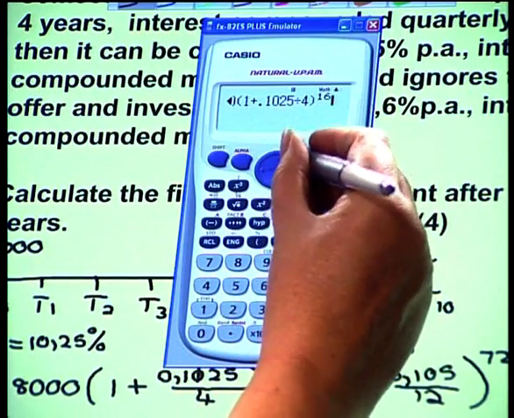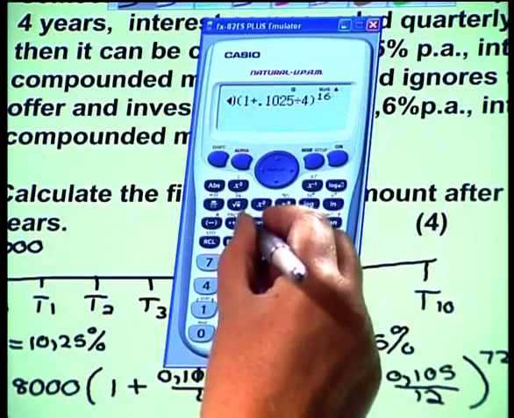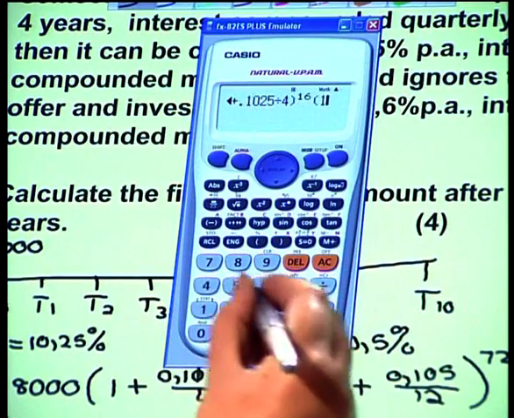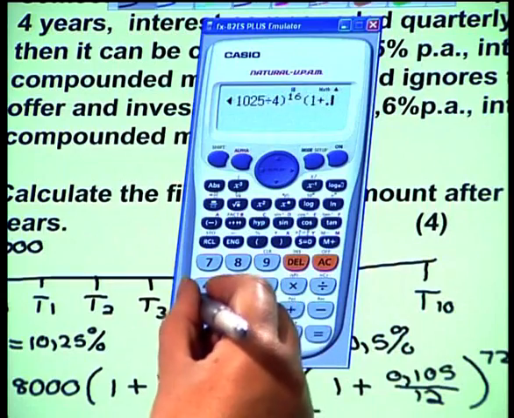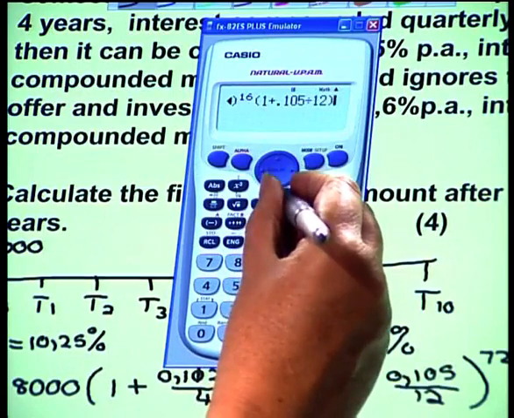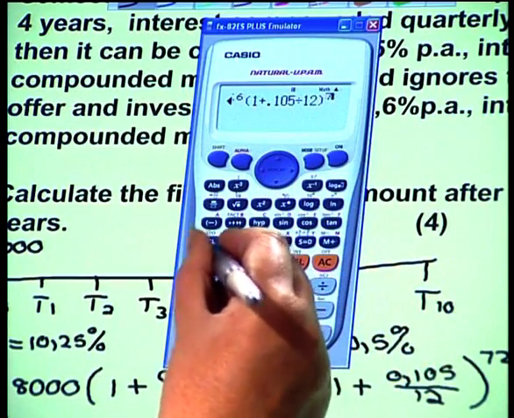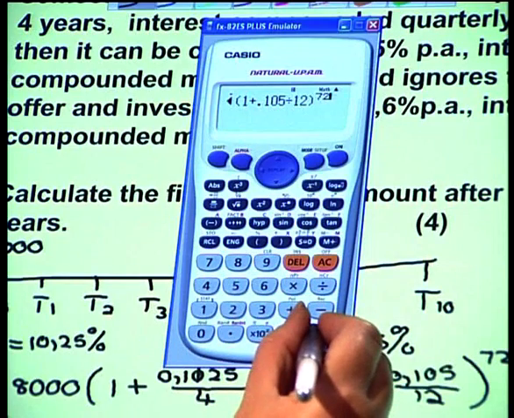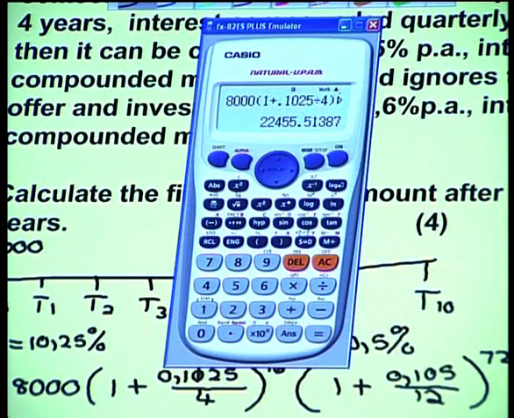Now space bar down because you don't want it to be up on the exponent. Open the brackets, 1 plus 0.105 divided by 12, close the brackets, raise to the power 72. Okay, and then that equals that amount.